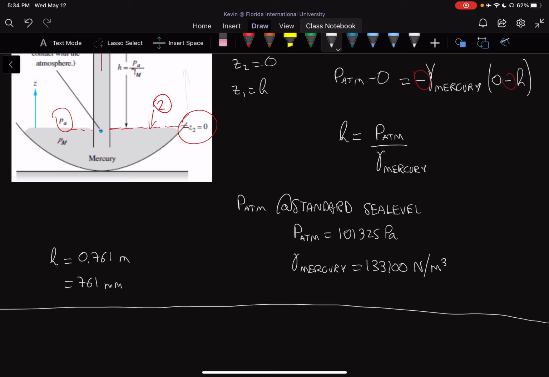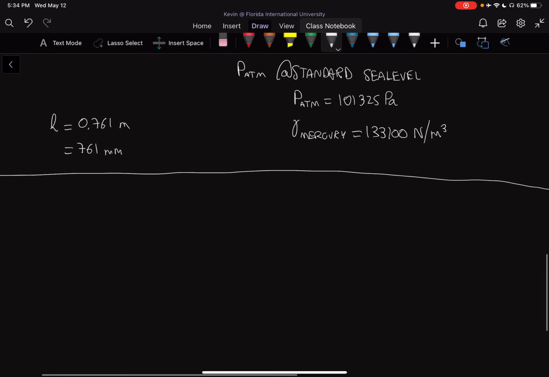Now, moving forward from this, what I want to do next is to look at hydrostatic pressures in gases. So we looked at pressures in liquids. Now let's look at hydrostatic pressures in gases. So a gas is not like a liquid, and if you have a large pressure change in a gas, you actually get a change in density.